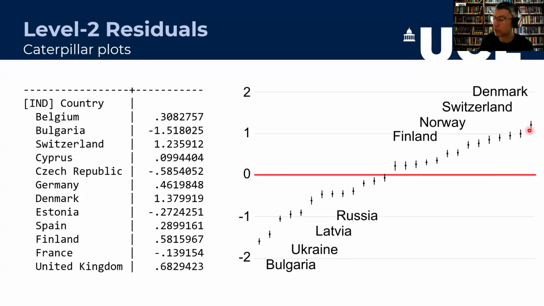And this one here would tell you that it's also quite distant, but in this case, it would be a much higher average life satisfaction in Denmark and a much lower average life satisfaction in Bulgaria compared to the overall life satisfaction observed across all of the European countries.